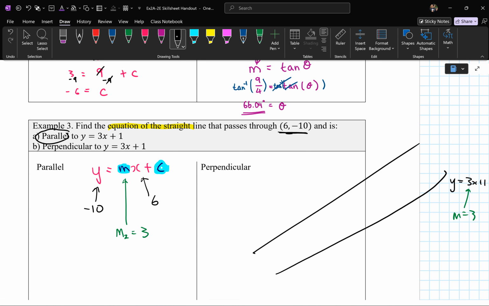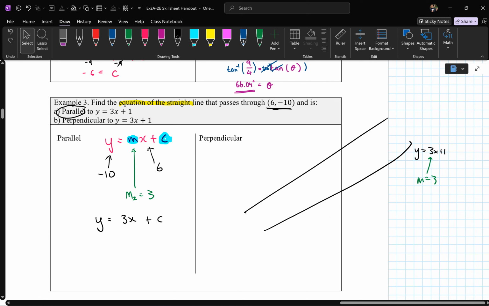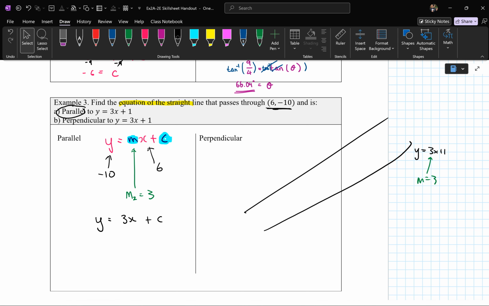So what does that mean? I now know the equation is y equals 3x plus c. I don't know how to find c. And the same thing as you did before, and I think it was Zoe before that told us what to do. So what do we do here now? How do I find c? Yes, Luke? You forgot? Yeah, that's the only thing we know.